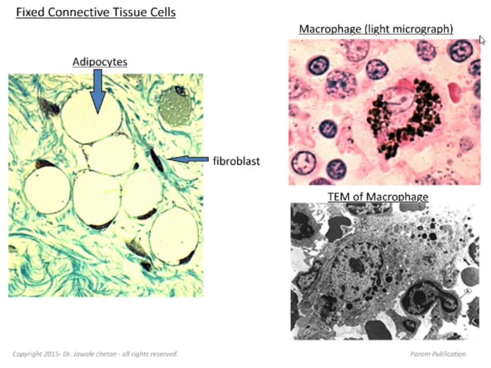Then macrophages: under a light microscope you can see macrophages like this, and under an electron micrograph you can see macrophages like this. Here you can notice the presence of macrophages in the connective tissue.